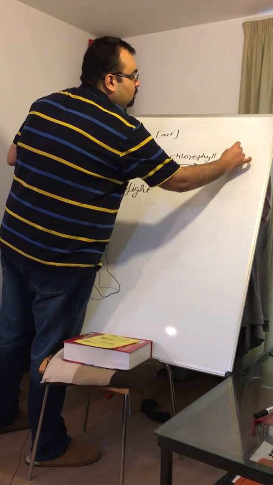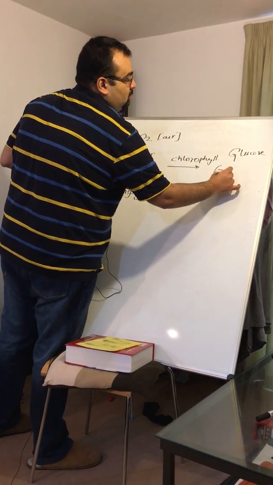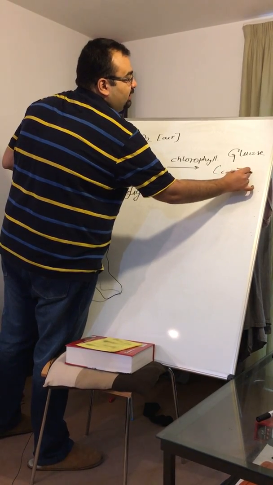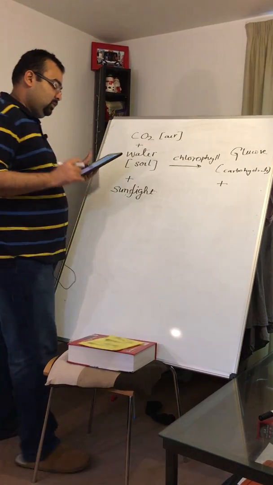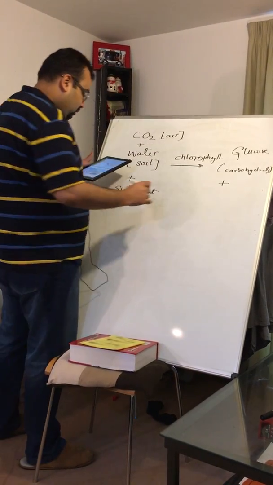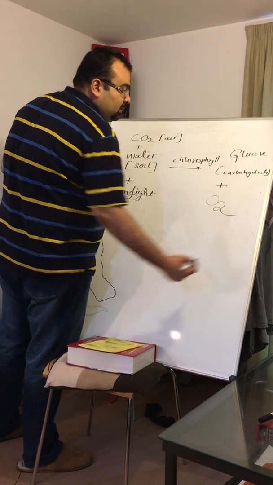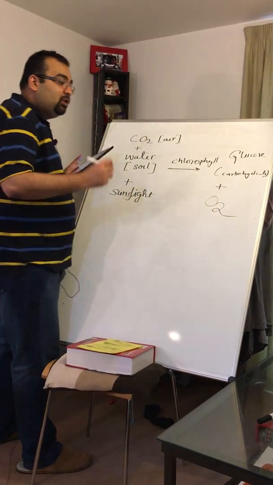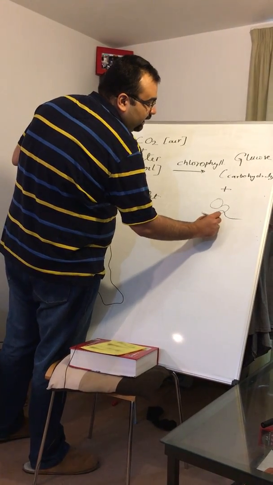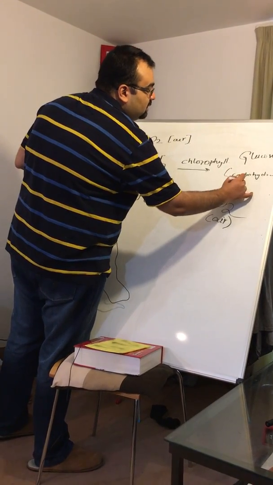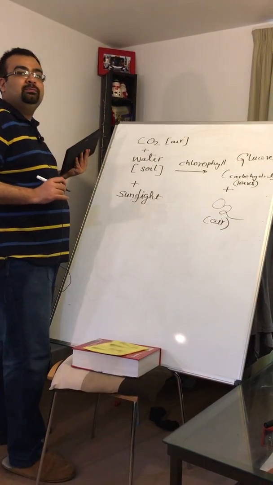We are forming glucose. What is glucose? It's a type of carbohydrate. Plus, what do we form? We form the oxygen. This oxygen is a byproduct of photosynthesis, which is released into the air, and this is trapped in the leaves or the stem where the photosynthesis was happening.